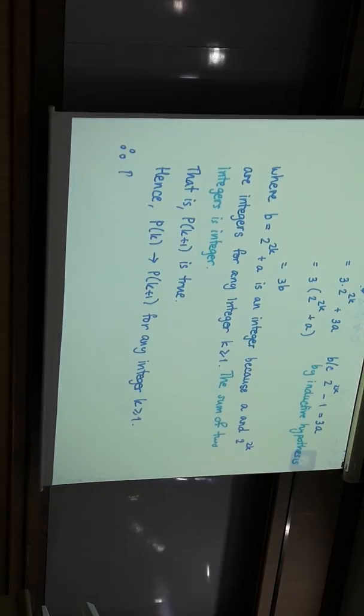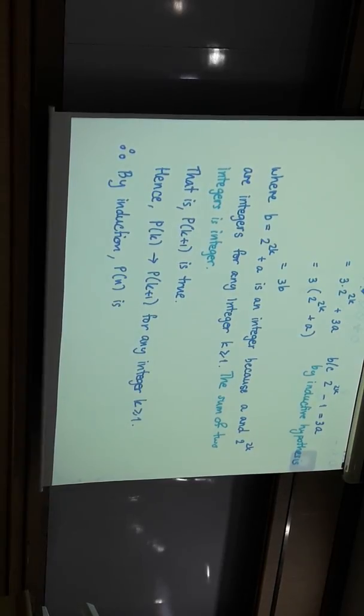Therefore, by induction, Pn is true for all n greater than or equal to 1.